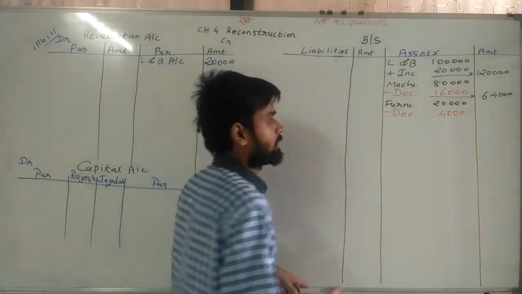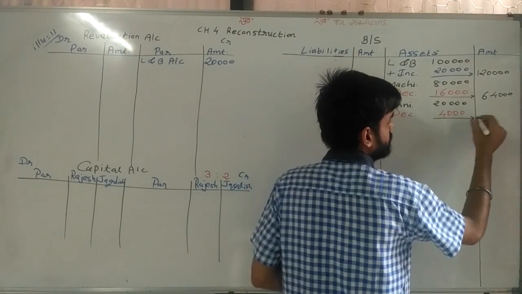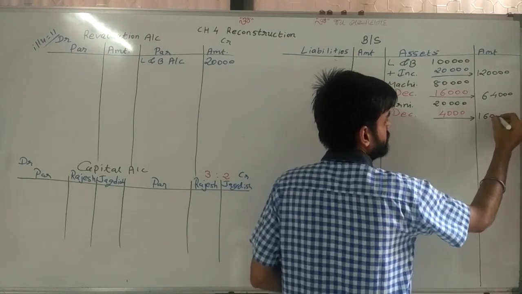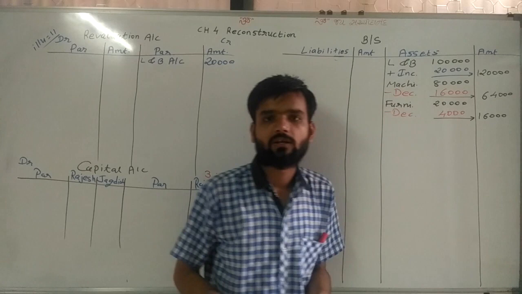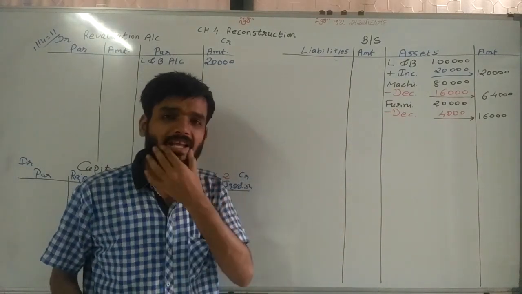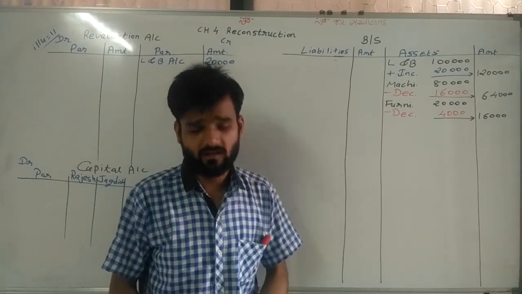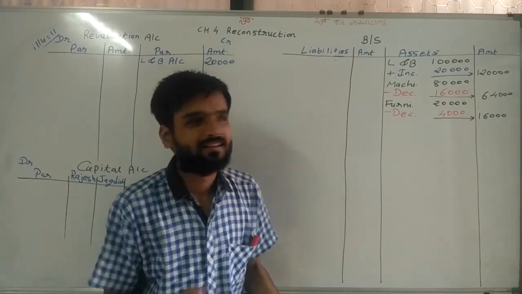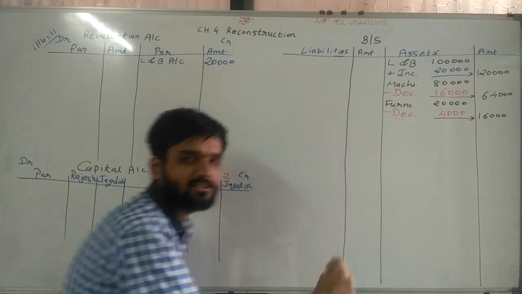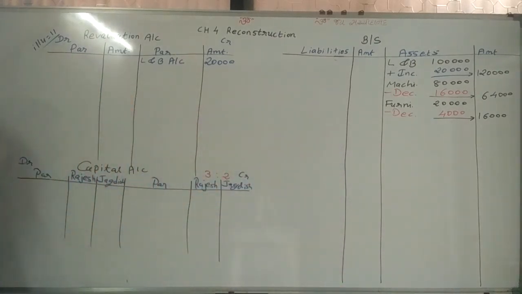Same way, sir, 20,000 minus 4,000. In this way we are getting the actual value of machinery and furniture. But sir, here it is said the asset value decreased, so revaluation is debited.